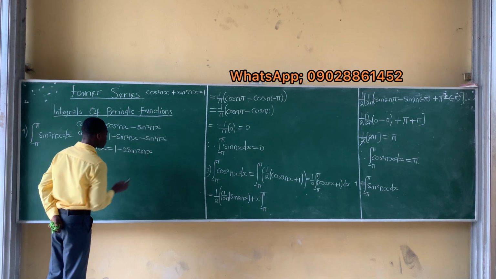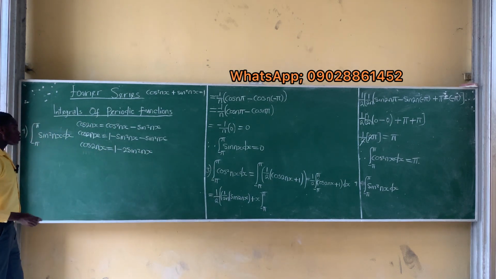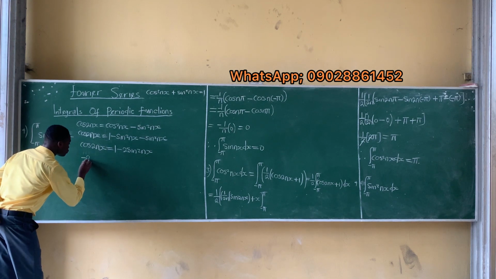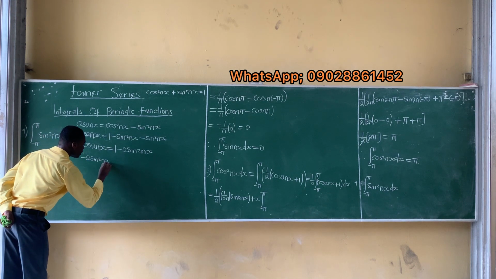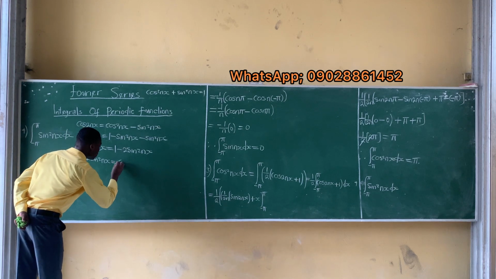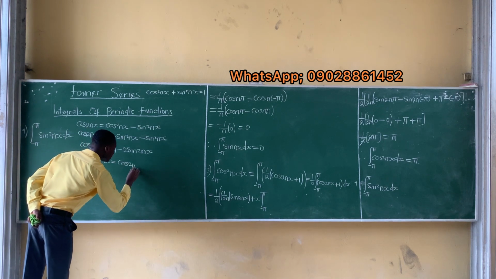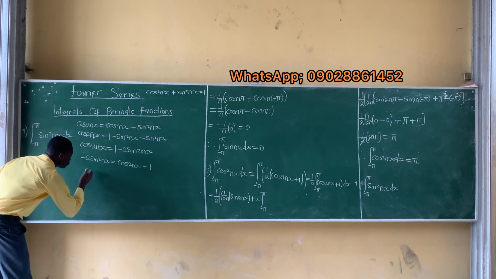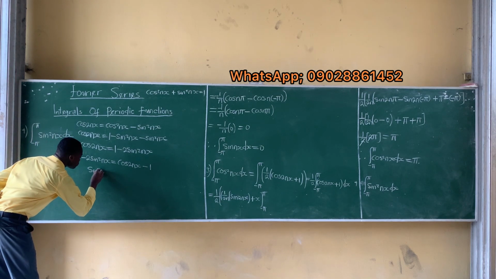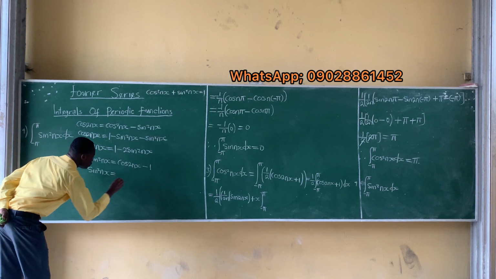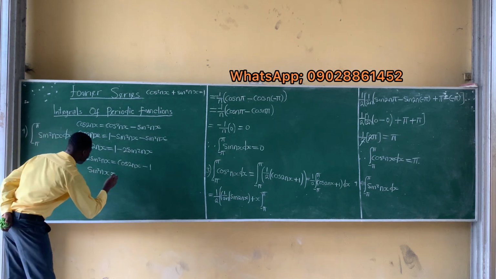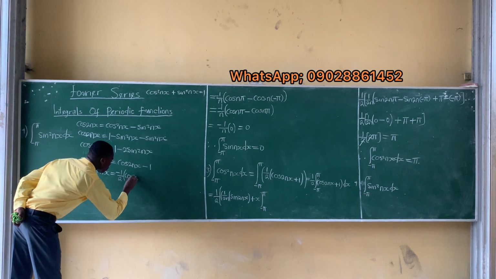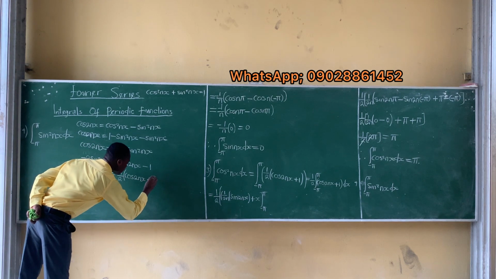So let's make sine square nx subject of formula. We have minus 2 sine square nx is equal to cos 2nx minus 1. So divide both sides by minus 2. You have sine square nx is equal to minus 1 over 2 into cos 2nx minus 1.